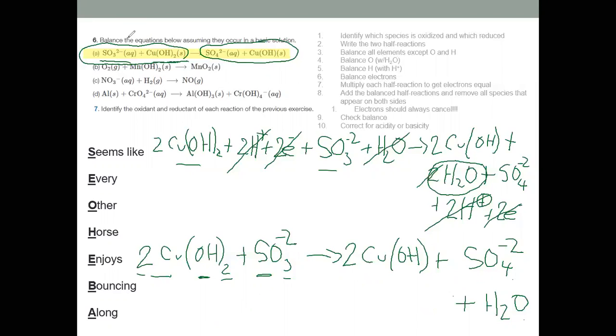Okay, so that is the way you solve a somewhat more involved redox equation. But again, if you take care of the details, which of course you have to, and as I went through myself, I had to go back.